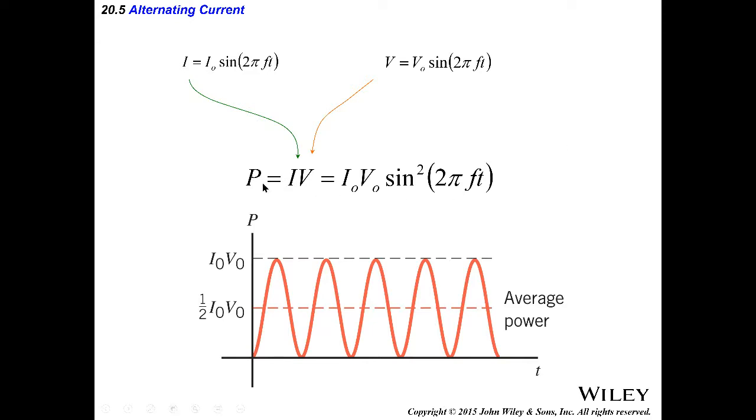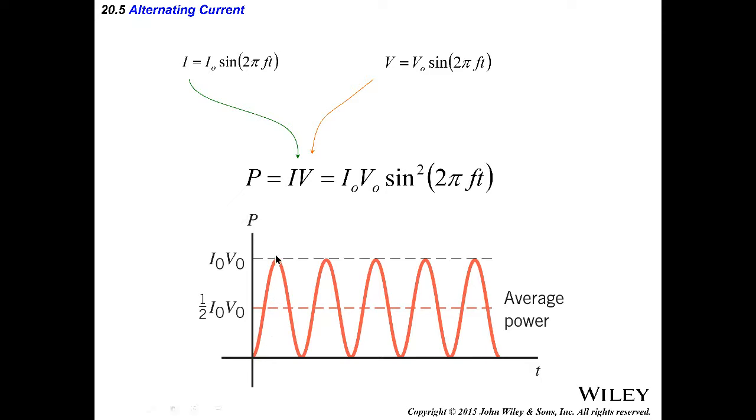Okay, so here is now the power, and it is I times V. But now we put in I0, V0, then it becomes sine squared. And now you can see that the power is now itself a function of time, right? Because it's sine squared. So it will now say, at time t equal to 0, I'm not drawing any power.